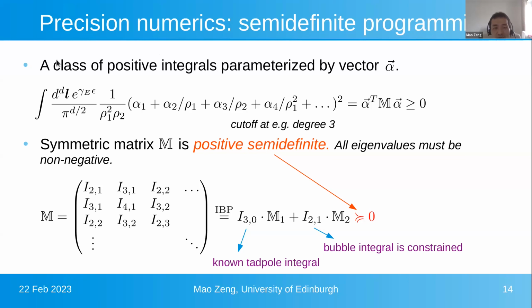Once I expand this polynomial, I will get a sum of monomials. And each monomial will be the integral of 1 over rho 1 to some power times 1 over rho 2 to some power. And in my shorthand notation, that will be written as A1, A2. And as I showed you earlier, by integration by parts reduction, all these expressions are completely reduced to linear combinations of the two master integrals.